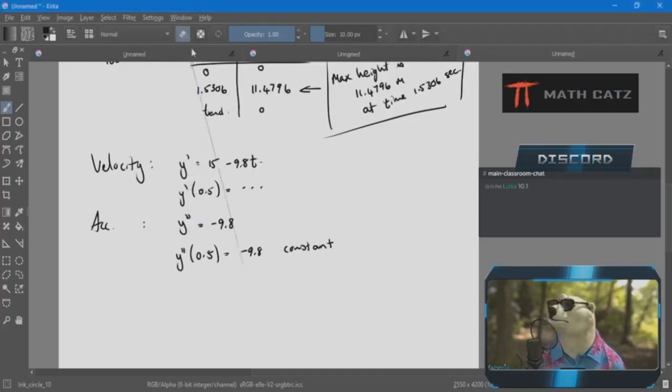Now, is it perfectly 10.1? Oh yeah, I guess it is. We just want to round consistently. 10.1, perfect. That'll be meters per second. This will be meters per second squared if you're interested in the units, and we're not that interested.